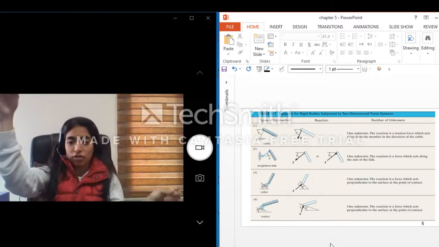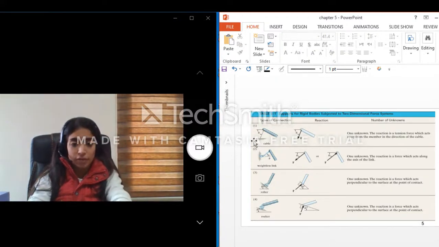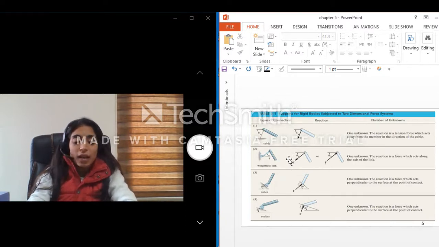So if I have a rope, the tension will be along this rope, like in this case. So this is my cable here, then this will be the force F. And this could also be applied for the weightless link, because in fact a weightless link is also a rope, because the first assumption that we did for the rope is basically that its weight is neglected.